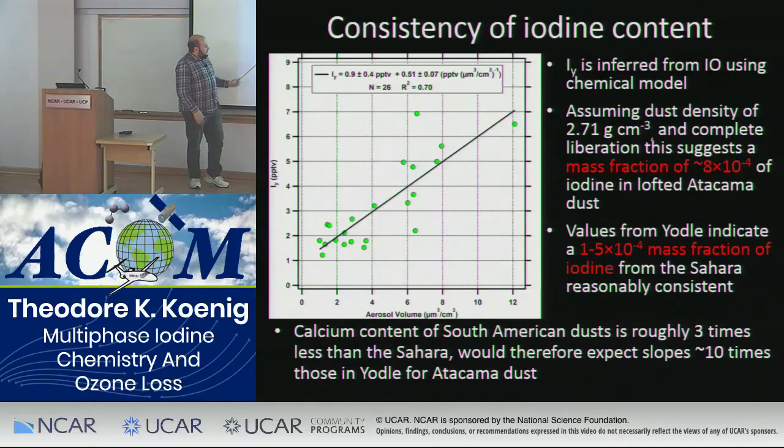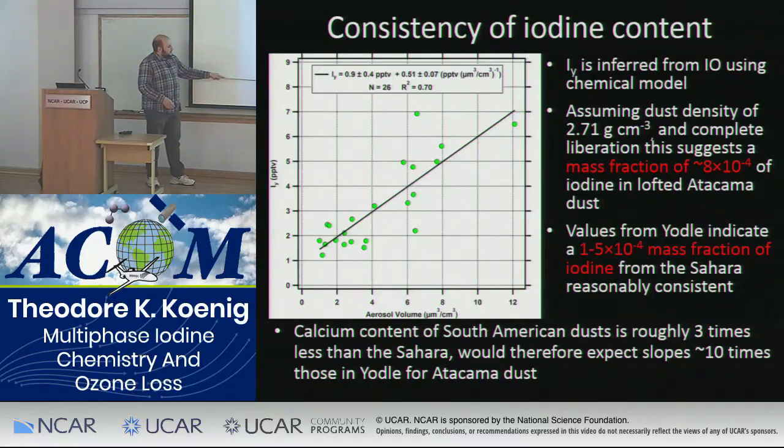And if I do that, I can convert this slope here and say that the mass fraction of iodine is roughly 8 × 10^-4. If I do the same processing, from a different perspective, for the Yodel data, the Sahara dust would have a 1 to 5 × 10^-4 mass fraction. And in the grand scheme of things, considering we're measuring in very different places, I think this is reasonably consistent.